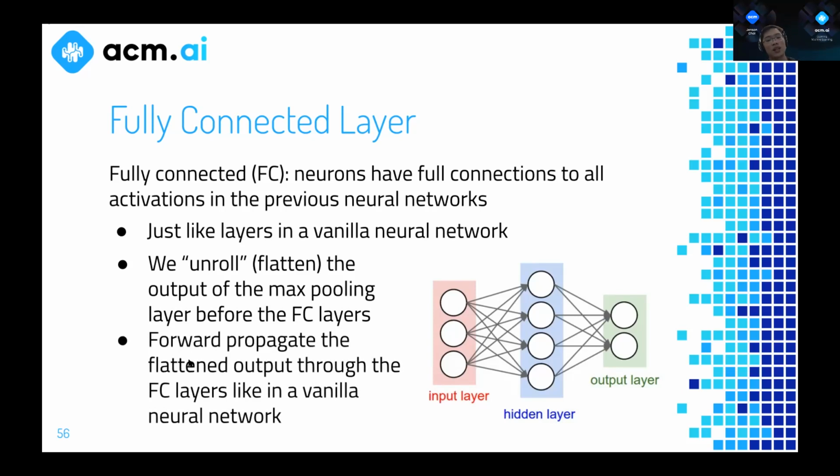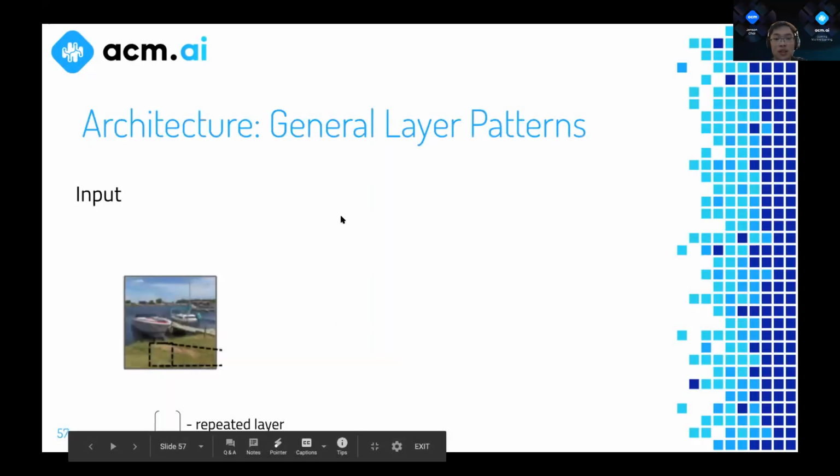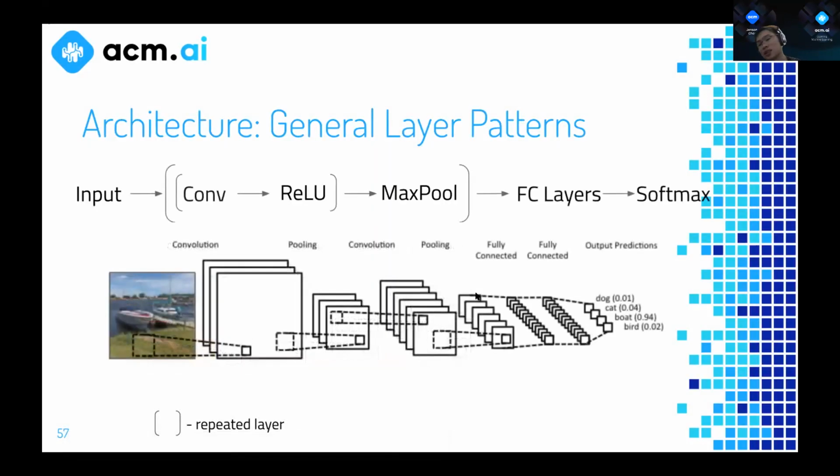After we have flattened the output of the max pooling layer, we forward propagate the flattened output through the fully connected layers, similar to what we did for the last workshop. That's basically it. At the end, we have this softmax layer.